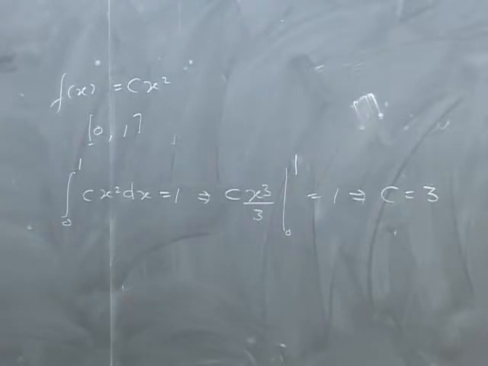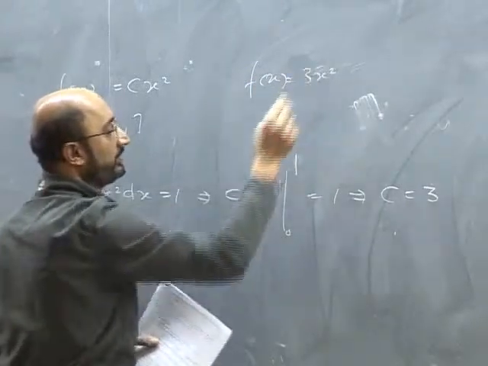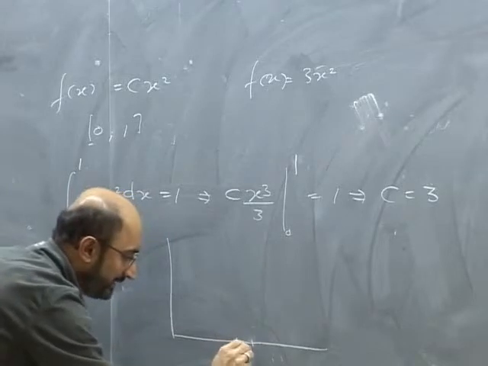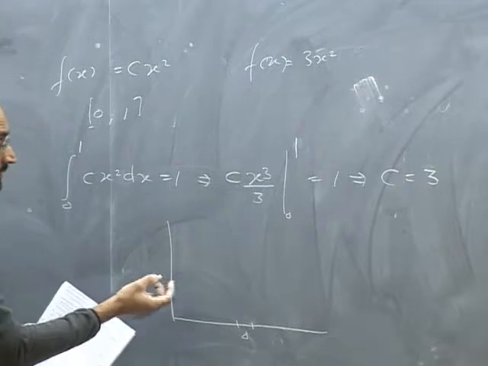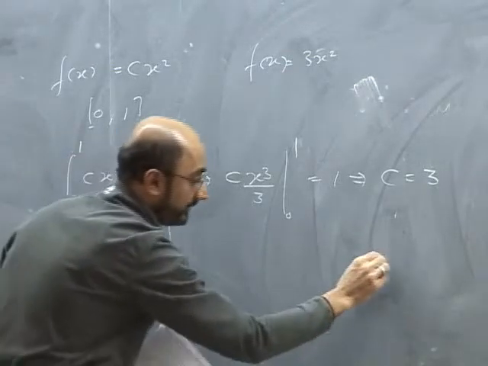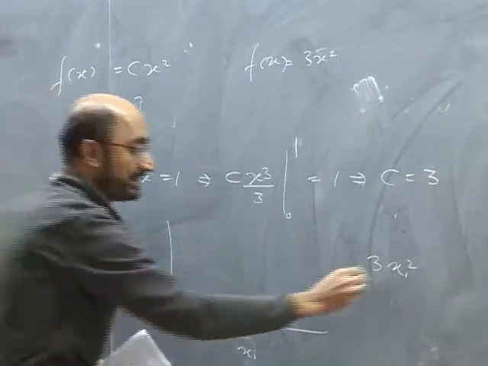So what does that c equal to 3 intuitively mean? That means that f(x) equals 3x squared. Intuitively, what this means is that the probability that it lies in some tiny range delta around this value, let's say x1, is going to be 3x1 squared times delta.